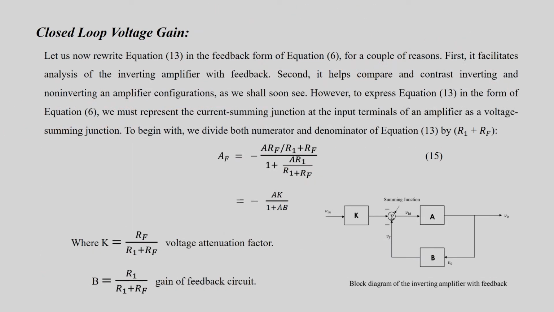So now we want to rewrite or express this equation in the form of equation 6, which says AF is equal to A over 1 plus AB, where A is the open loop voltage gain, B is the feedback circuit gain, and AB is the loop gain.